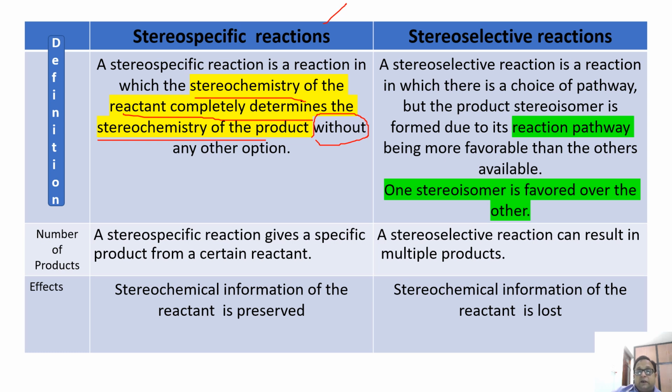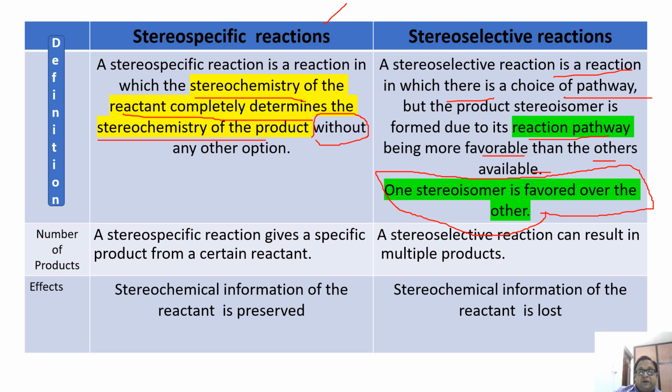However, a stereoselective reaction is a reaction in which there is a choice of pathway, but the product stereoisomer is formed due to its reaction pathway being more favorable than the other available ones. So one stereoisomer is favored over another. Here, two isomers are formed, but one is major and the other is minor.